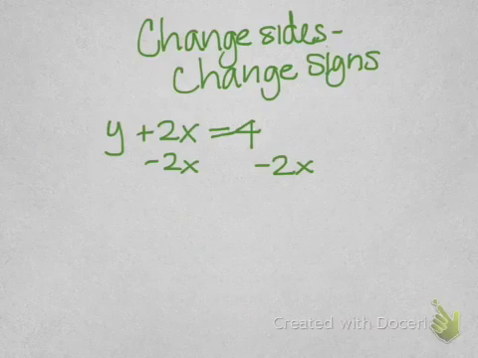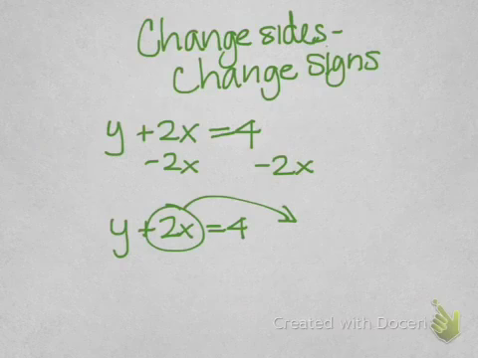And so this next thing that you can do is if you have y plus 2x equals 4, instead of thinking subtracting or anything, all you have to think about is getting rid of that 2x. So move the 2x to the other side, and then it's always going to change signs. So change sides, change signs. So move the 2x over, and it becomes negative 2x.